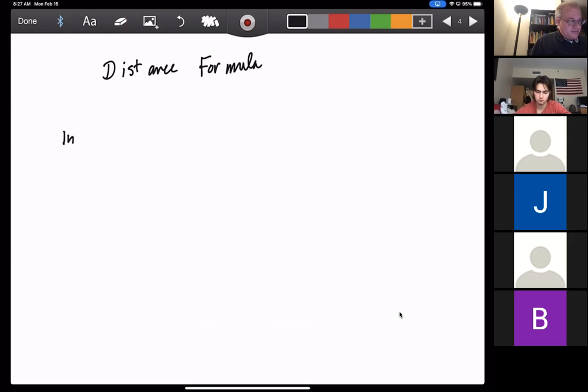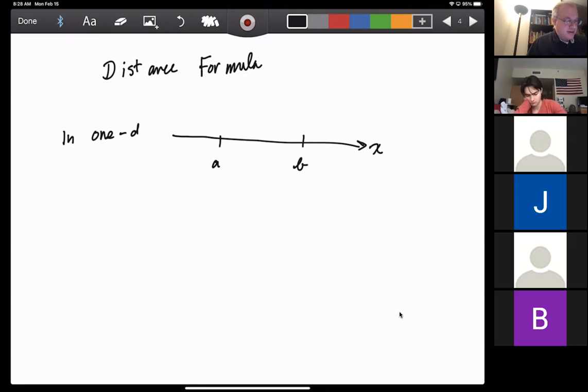So in 1D, if I have 2 points A and B on my line, the distance between these is, by convention, in this case, you take the number that corresponds to the rightmost point minus the number corresponding to the left-hand point, and you get your distance.